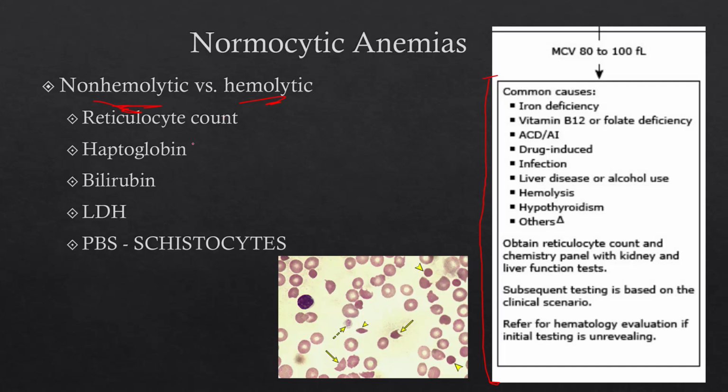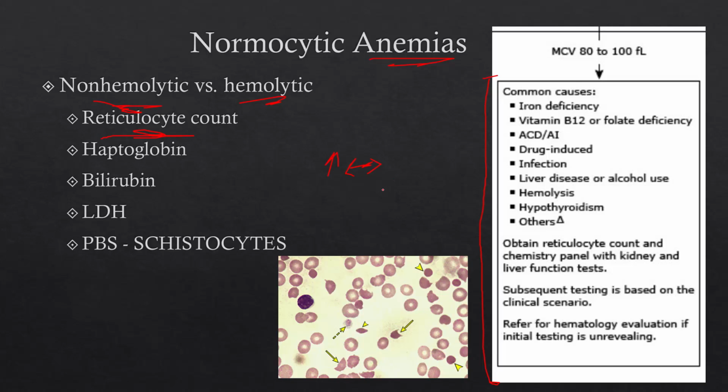And one way you can do that is to look at your reticulocyte count. Okay, the reticulocyte count is a count of immature, young red blood cells. So if your reticulocyte count is elevated or normal, that means your bone marrow is making new RBCs, okay? Because think about it, with anemia, you can either be losing RBCs or you could just not be making new ones, okay?